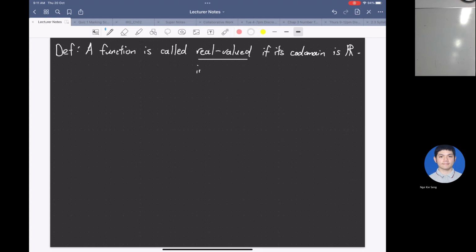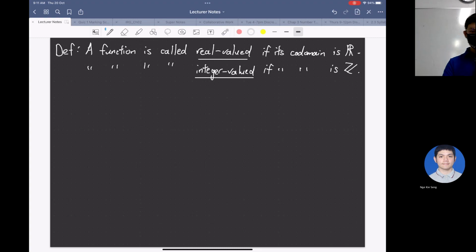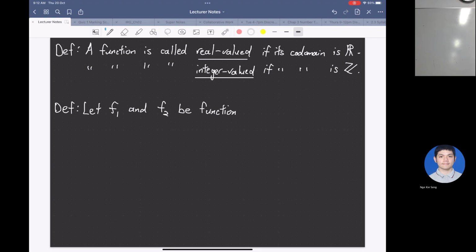We could also have an integer value function, where we take the codomain to be discrete. This function also has algebra properties. Just like propositional logic and set theory, we can put operations on the functions.